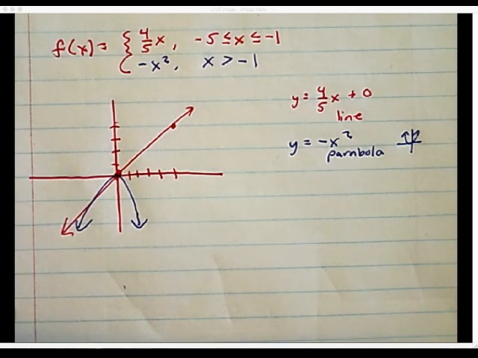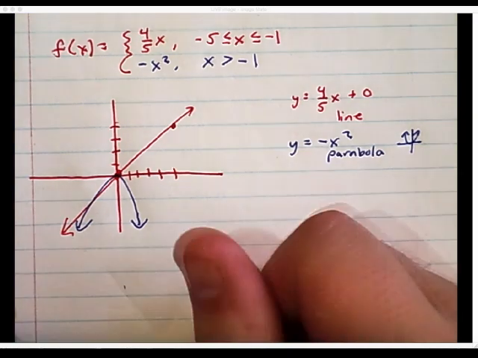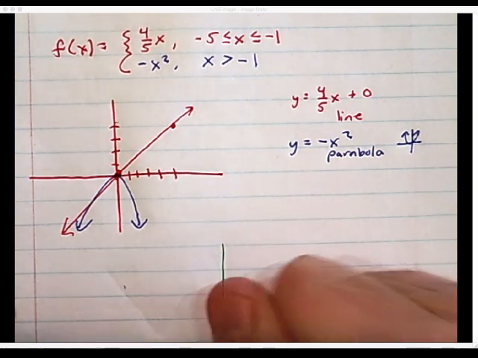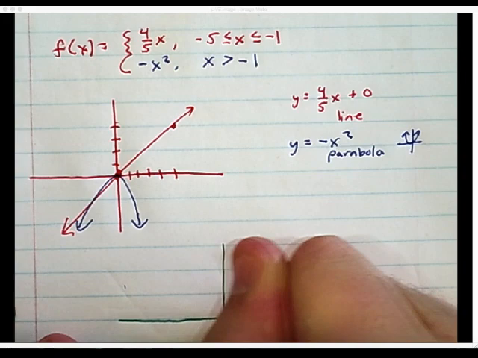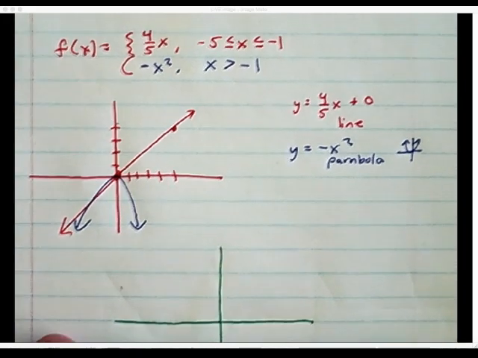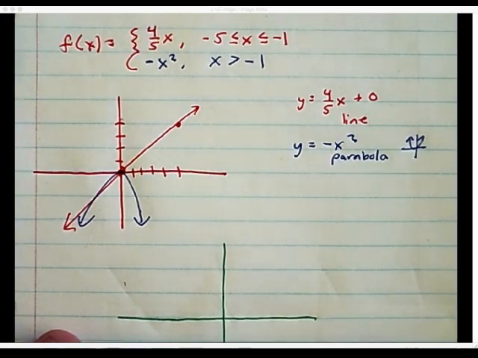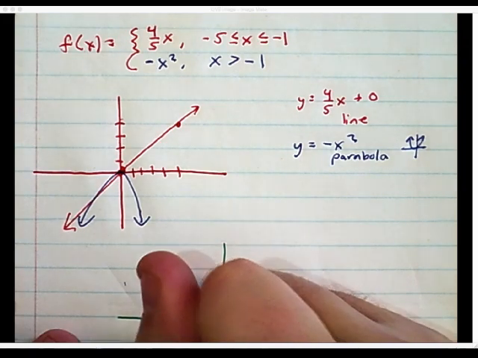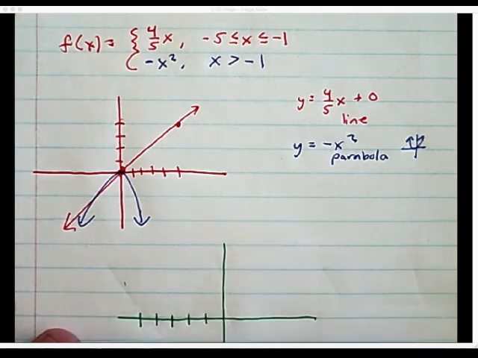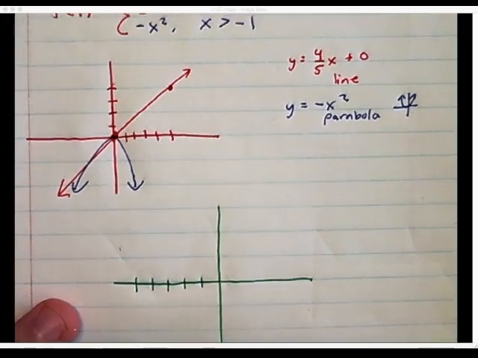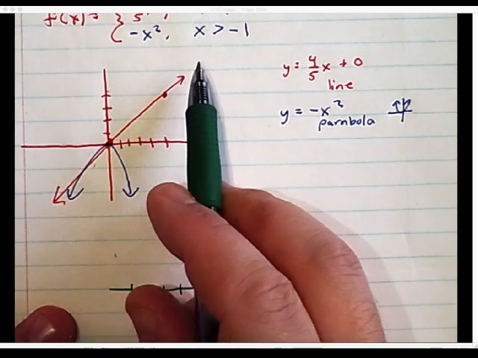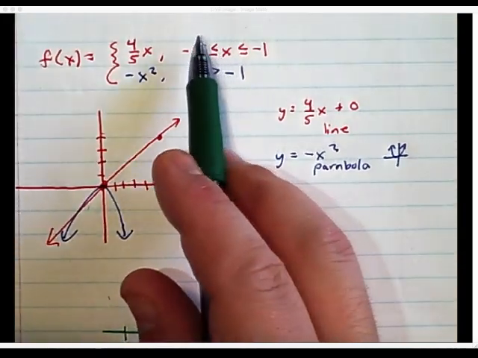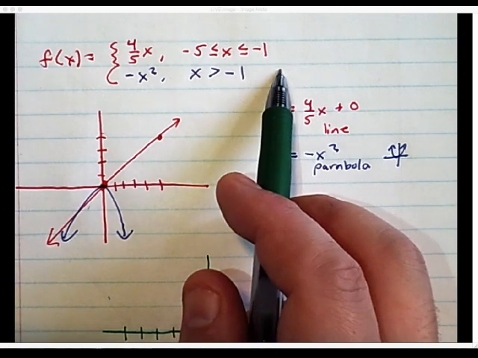So here's how we're going to take care of piecewise functions. The functions themselves are going to look the same. Let's actually plot this out. This function, this red line, is only good for values between -5 and -1.